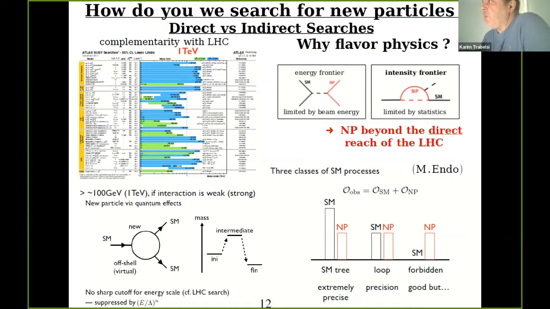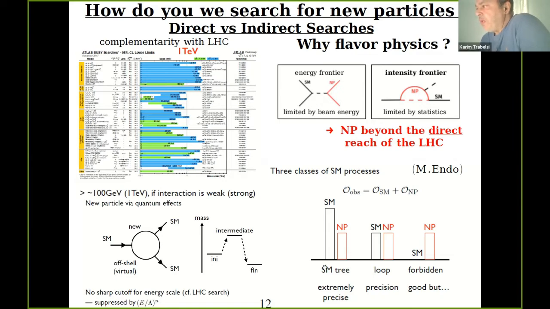So this time we will study those rare decays with very suppressed branching ratios. And actually, I borrow this summary from Endo-san at KEK, a colleague at KEK, who classifies the search for new physics in three categories.